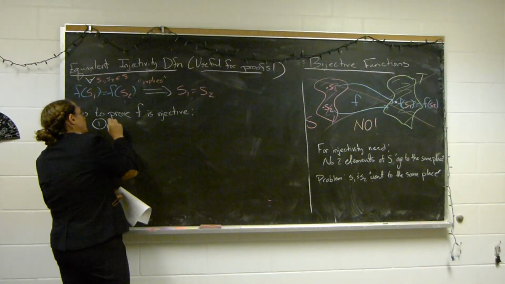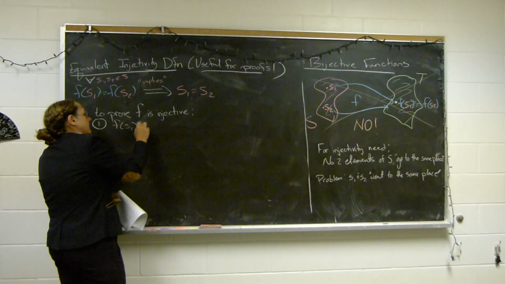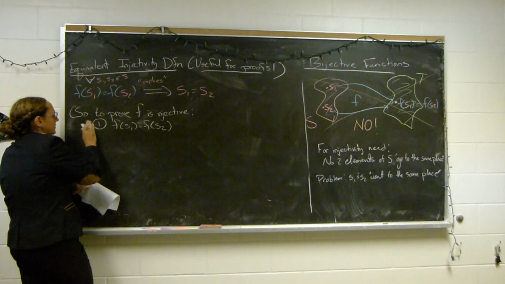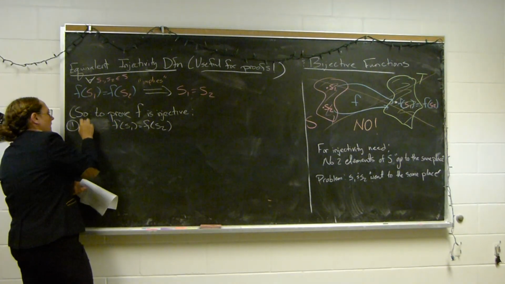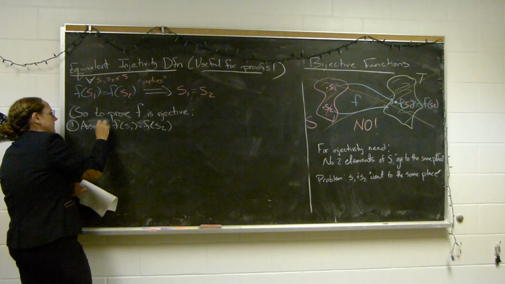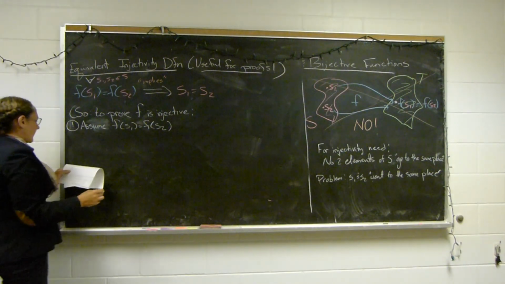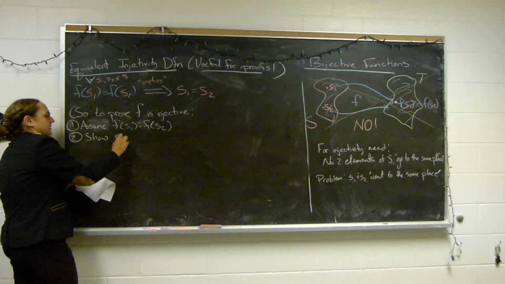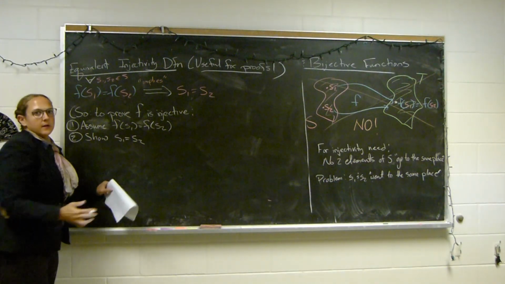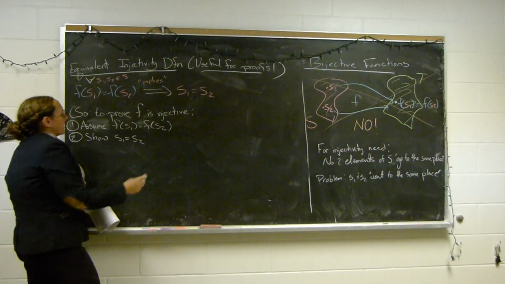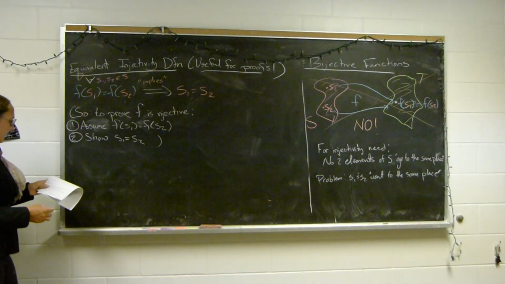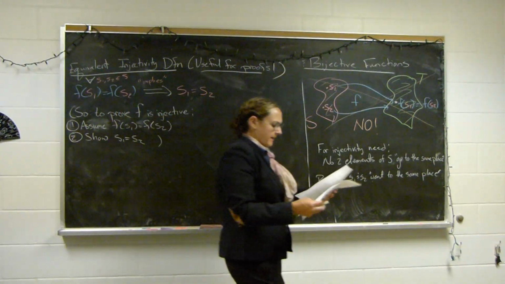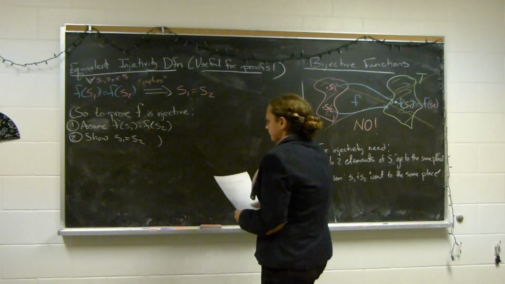I assume that f of s1 equals f of s2, and then I just show that s1 equals s2. In different cases you show it in different ways, but this is how you do it. And I want to give a warning. This is definitely worth talking about because, as I said before, this is something that students often confuse.